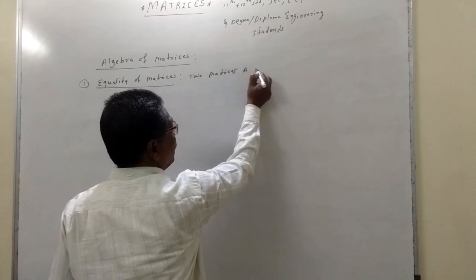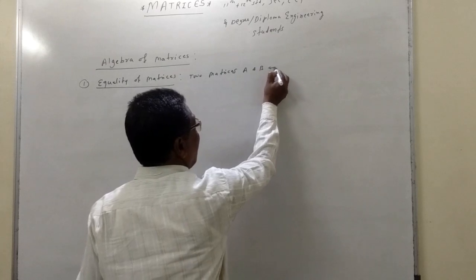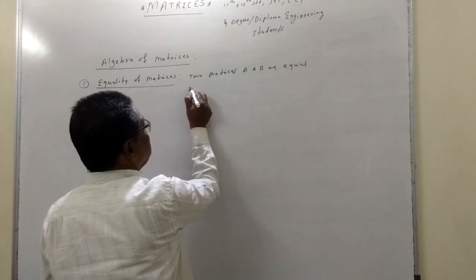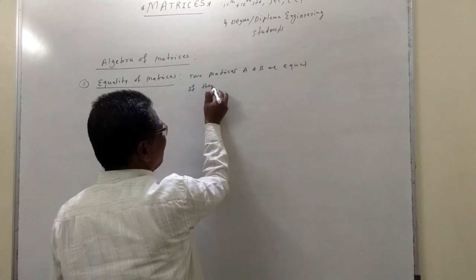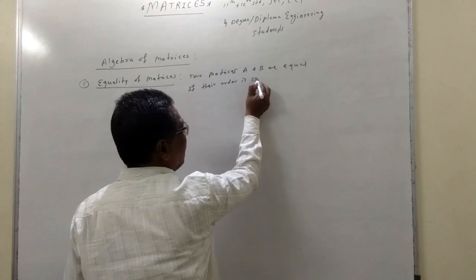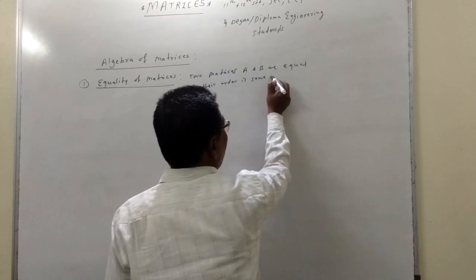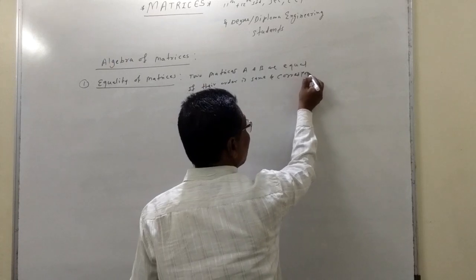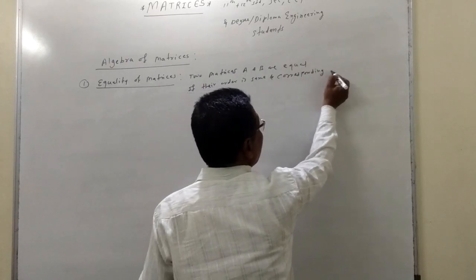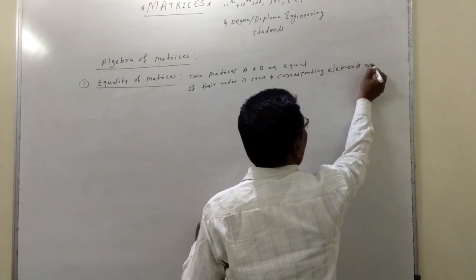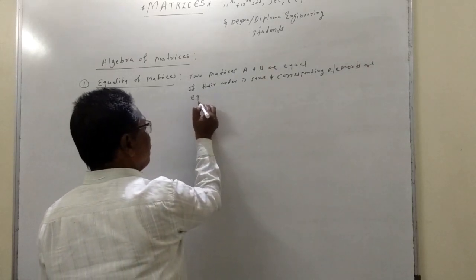Suppose we consider capital A and B are equal if their order is the same and corresponding elements are equal.